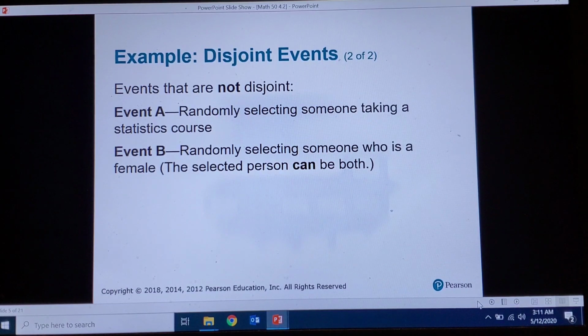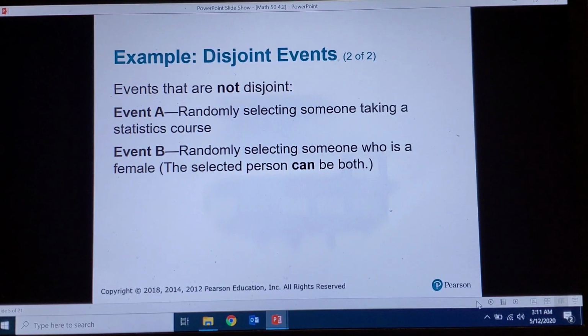This is not disjoint because there can be a female that's taking a stats class. So that means you're sort of double dipping or double counting that probability. So these would not be disjoint. You can either say not disjoint or just say that they're joint, meaning that both of these events can happen at the exact same time.